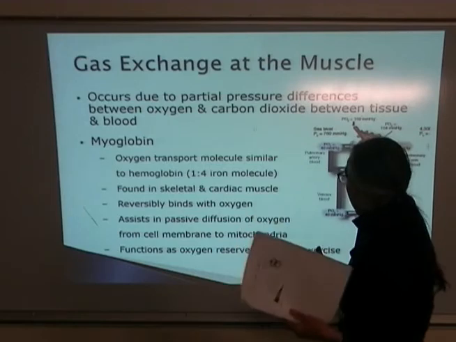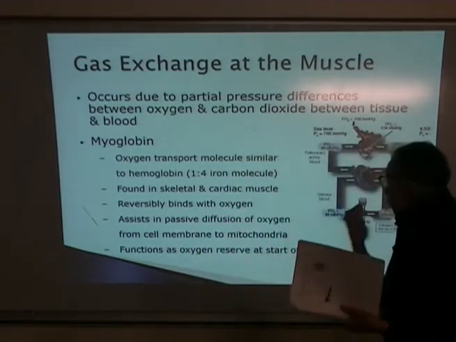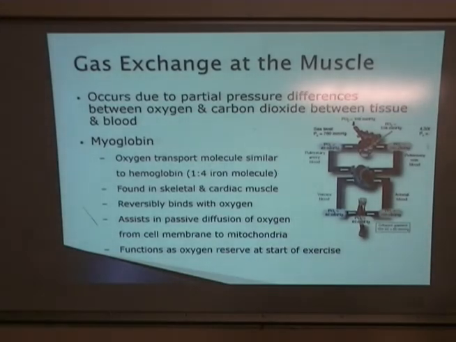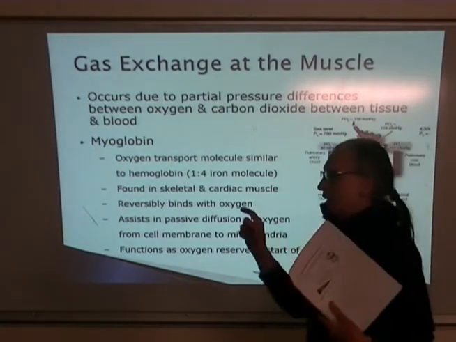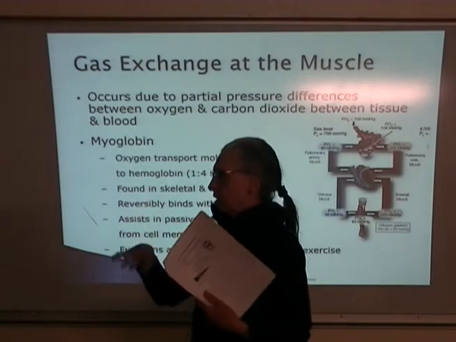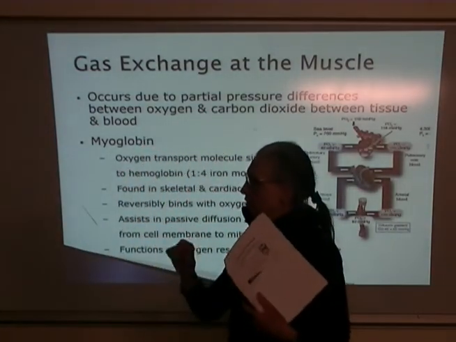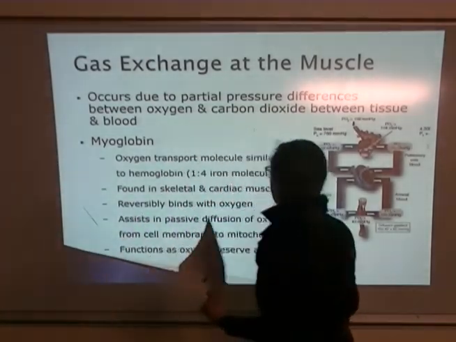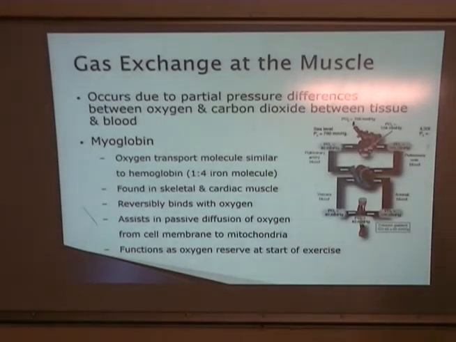And we have another transport molecule, very similar to hemoglobin, although it only has one iron, so it can only pick up one piece of oxygen at a time, called myoglobin. So anything with heme at the front is to do with the blood. Anything with myo at the front is to do with the muscle. So it's very similar. You find it in skeletal muscles that we talked about.